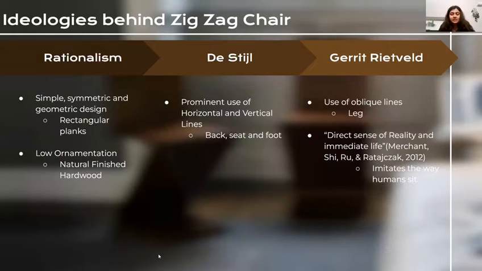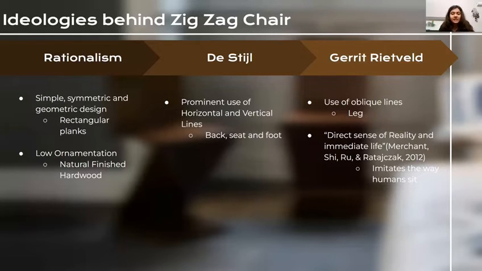Considering the design ideologies of the Schroeder House and the notion of producing a chair which is functional and easily produced, Gerrit Rietveld added his own touch to the ideologies of rationalism and the De Stijl movement. This was the main reason behind using just four rectangular planks of natural finished hardwood.